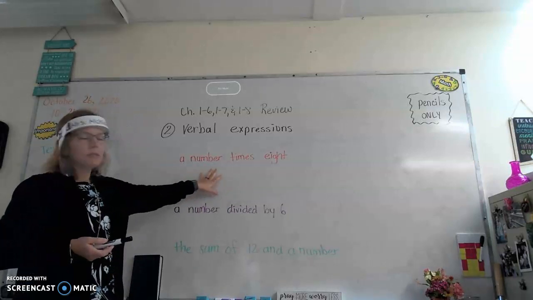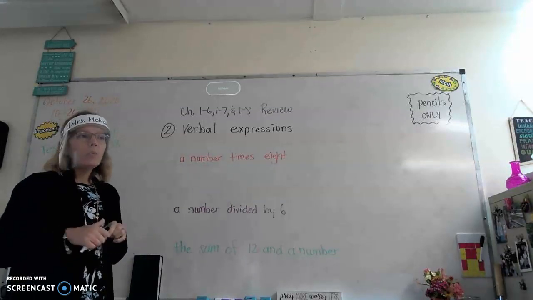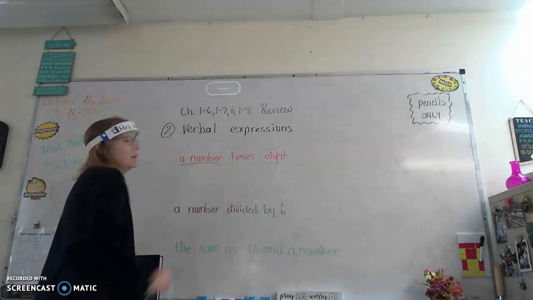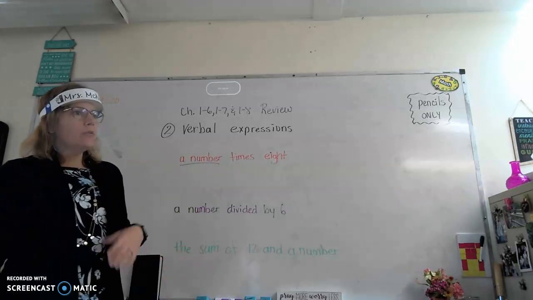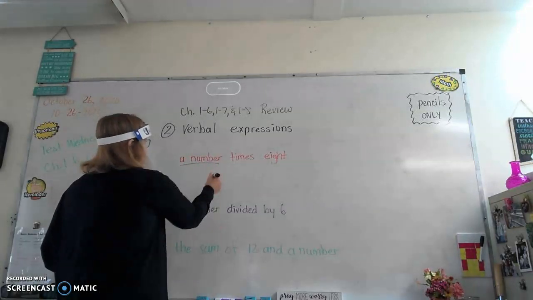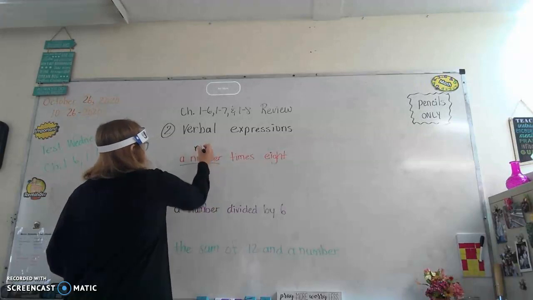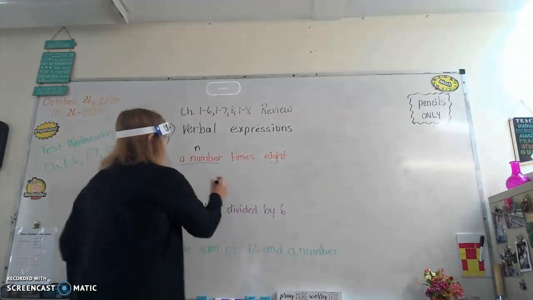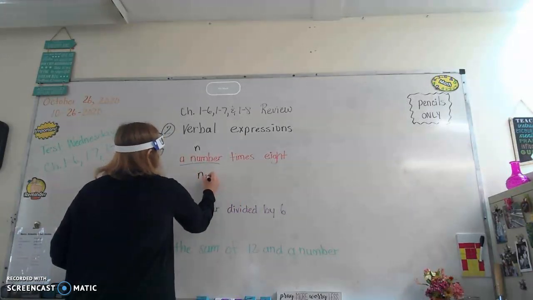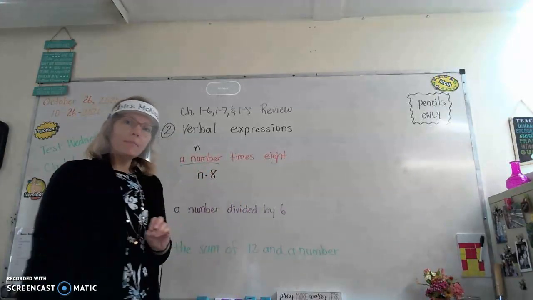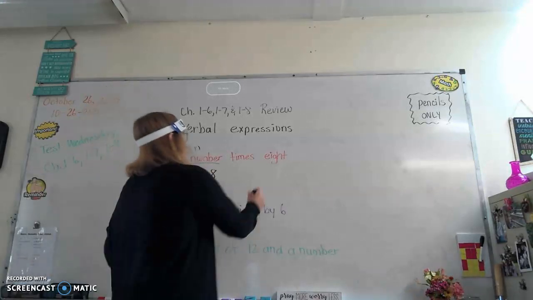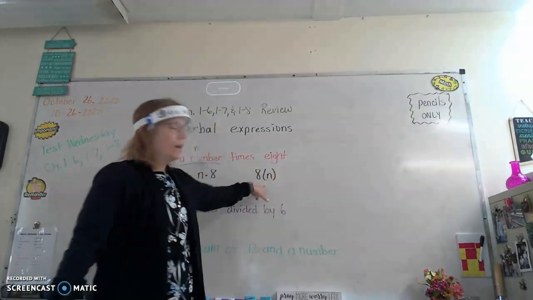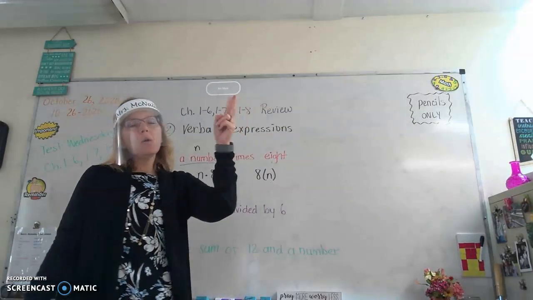This says a number times 8. Well, what do I use for a number? N. I could use X, I could use A, I could use B, whatever you want. So let's say N for this one, and then times 8. There's a couple ways we could write this. We could write N dot 8, because that means multiply. We could write it with parentheses, 8 times N, and remember when you're multiplying, order doesn't matter.